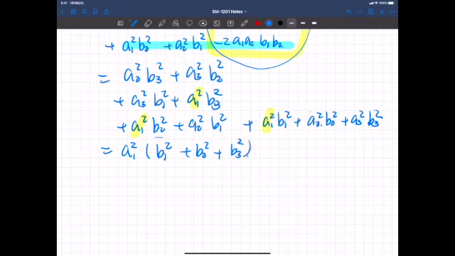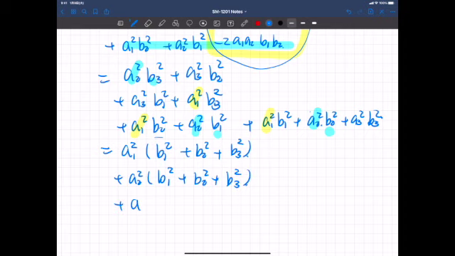Now let's look for a2 squared: a2 squared here, here, and here, with the same factor b1 squared, b2 squared, b3 squared.